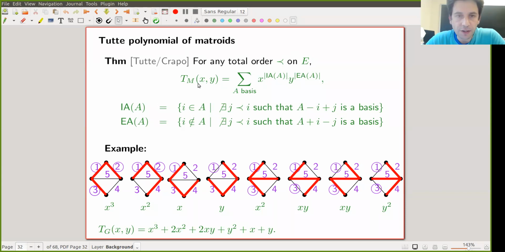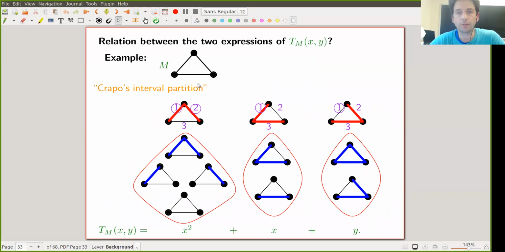Okay, so this is very miraculous, and one way to prove that is to just prove the two expressions are equal. So you have one expression in terms of activity of bases, and one in terms of corank and nullity of subgraphs.